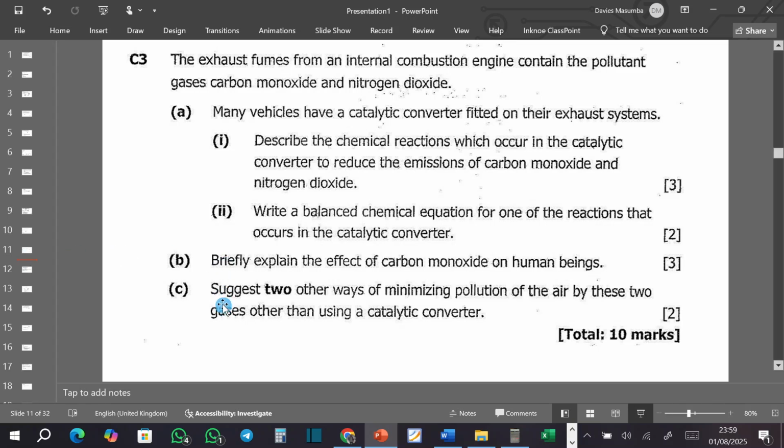Then we come to: suggest two other ways of minimizing pollution of the air by these two gases other than using a catalytic converter. So we suggest other ways of minimizing pollution of air by these two gases apart from using a catalytic converter.